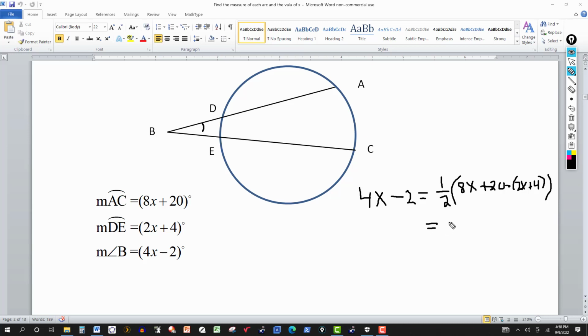Then this is equal to, let's simplify the right side a little bit, so this will be 1/2. Got 8x, then distribute the negative, 8x minus 2x gives me a 6x. And then distribute the negative, minus times the 4, so it'll be minus 4, 20 minus 4 is a plus 16.